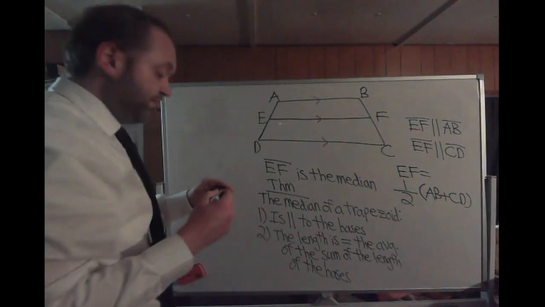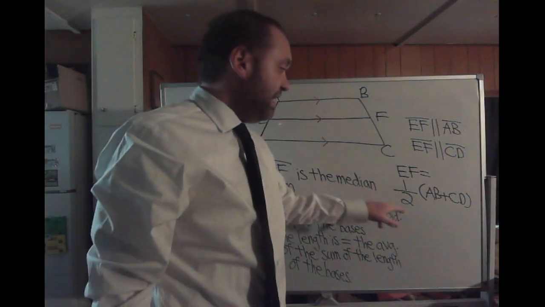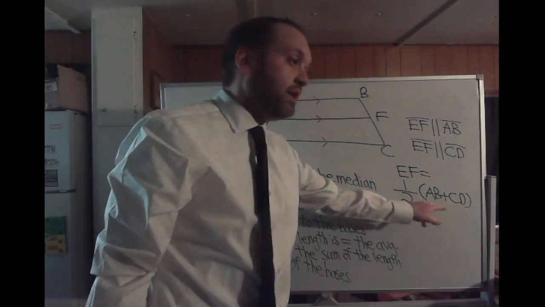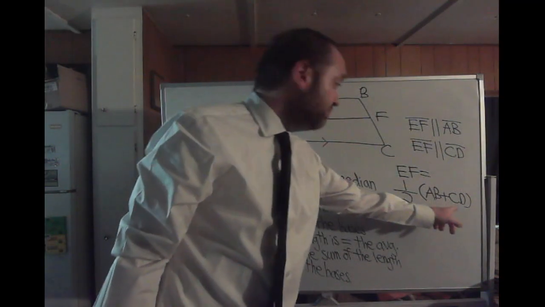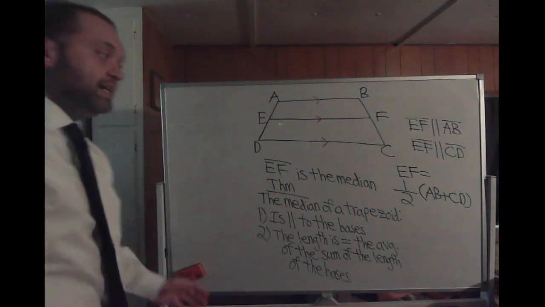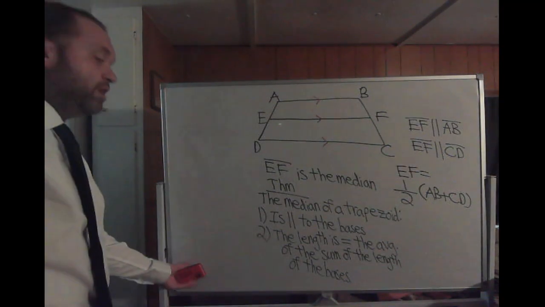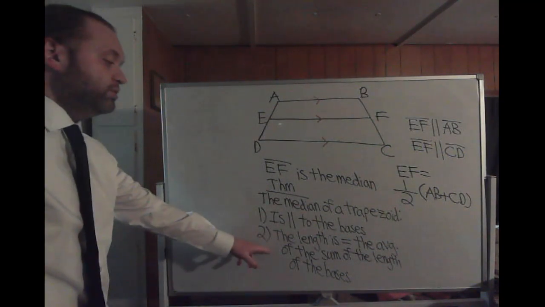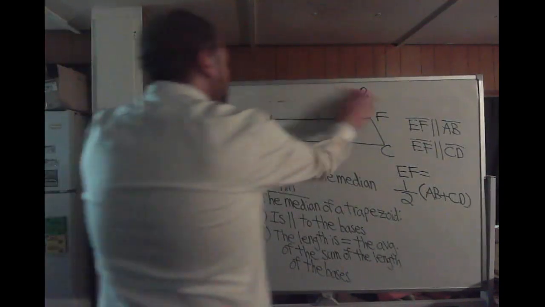So EF would be equal to half times the quantity of the length of AB plus the length of CD. And I got some exercises where we're going to put this theorem into practice, particularly part two. Part one's pretty self-explanatory. Part two, though, that definitely requires some practice.